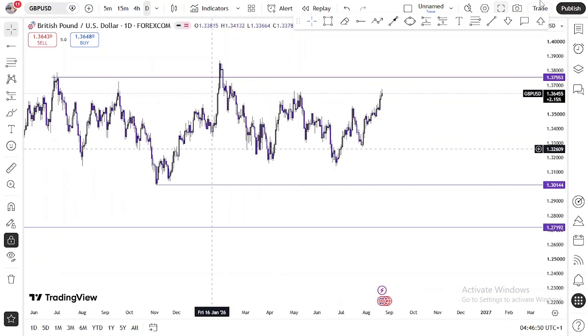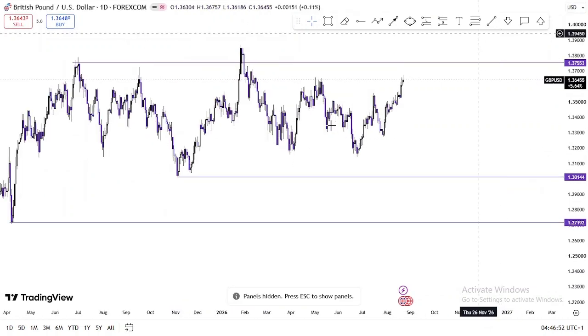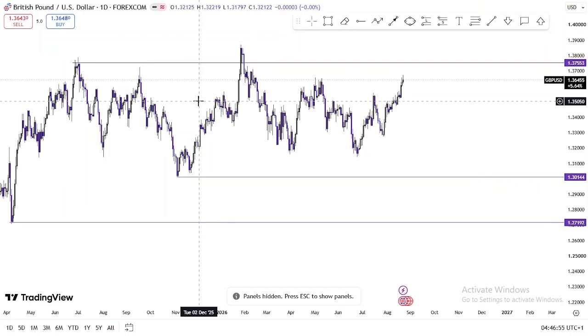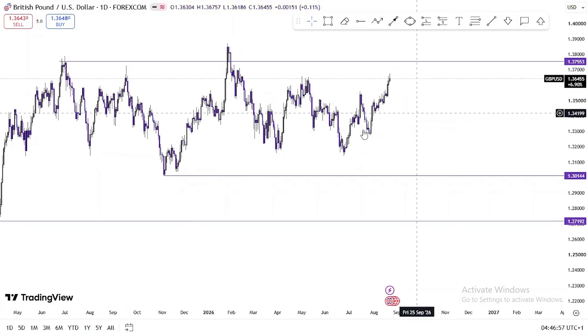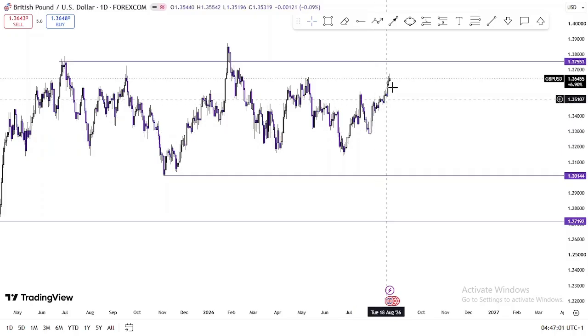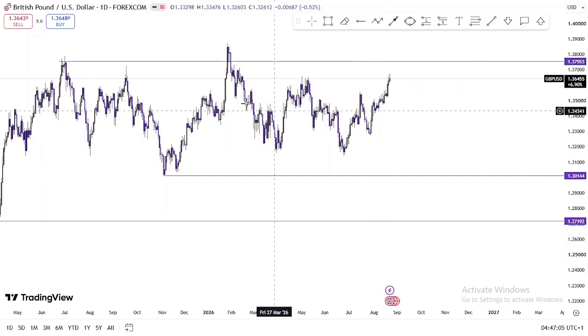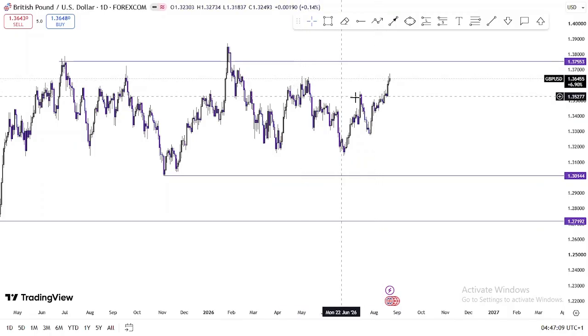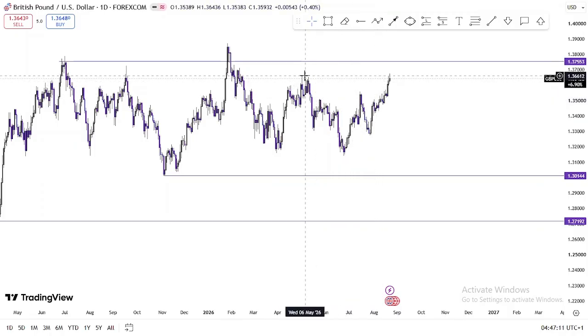So let's zoom in and see what markets have been doing for the past week and the past few months. So we have this bullish nature right now in the market. With that in mind, we're seeing that areas have been broken. This area here has been broken, and then this area here has been broken.